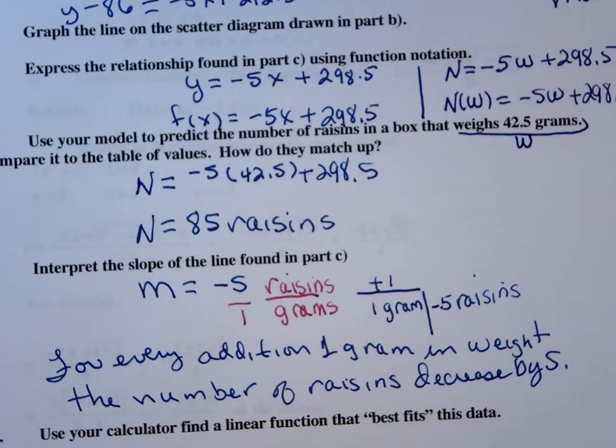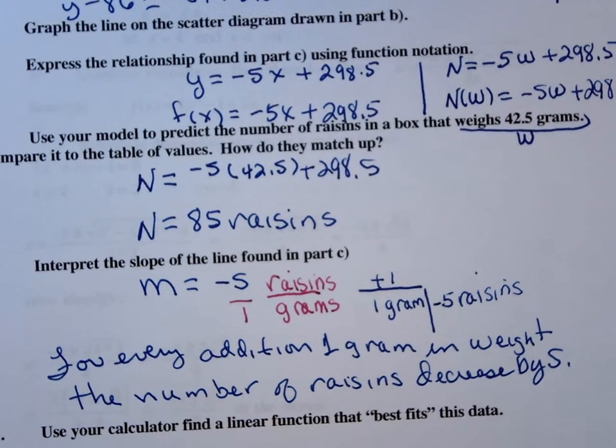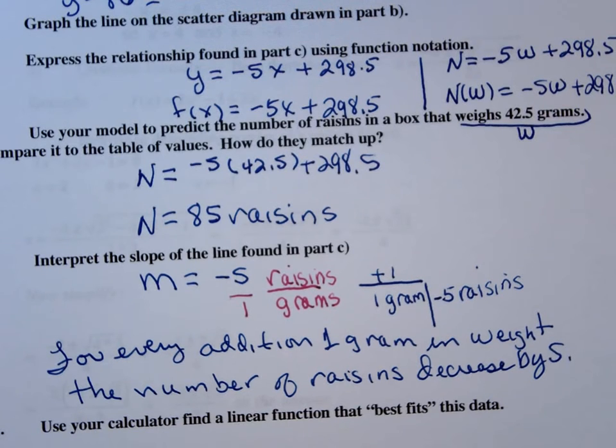This makes no sense. Or maybe you let the raisins kind of lay out there for a while and dry out, and then they really weigh less, or I don't know.